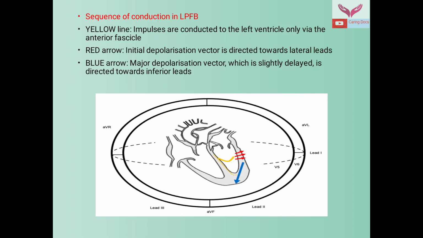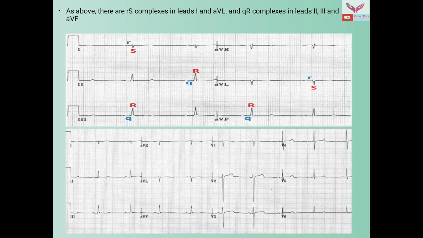So the sequence of conduction in the left posterior fascicular block is, in this we can see the yellow line, it indicates the impulses are conducted to the left ventricle only by the anterior fascicle. Red arrow shows initial depolarization vector is directed towards the lateral leads, and blue arrow shows major depolarization vector which is slightly delayed and is directed towards the inferior leads.